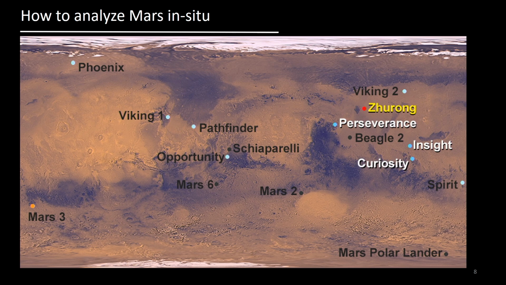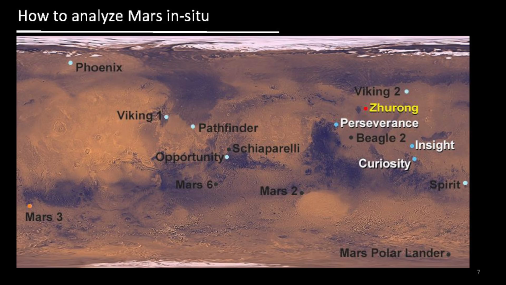We will discuss in this review Perseverance and Curiosity. Both landed in craters, Jezero crater for Perseverance, Gale crater for Curiosity. So Perseverance is 2 years old, Curiosity is 11 years old. InSight, I will not talk about that. It landed in a volcanic plain, and it's mainly devoted to geophysical and atmospheric investigations.